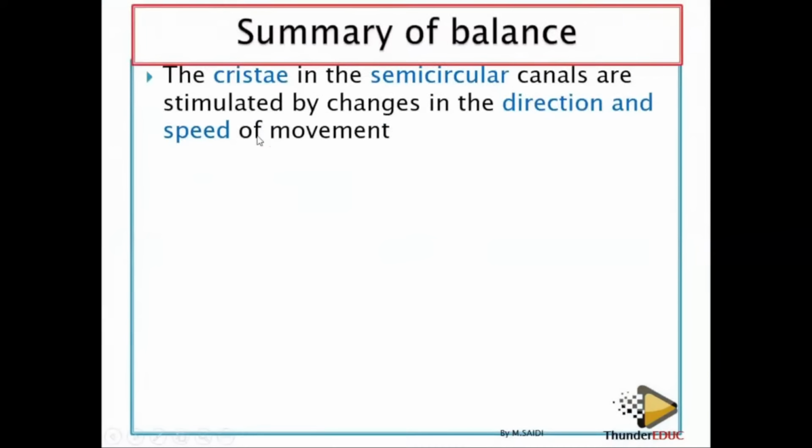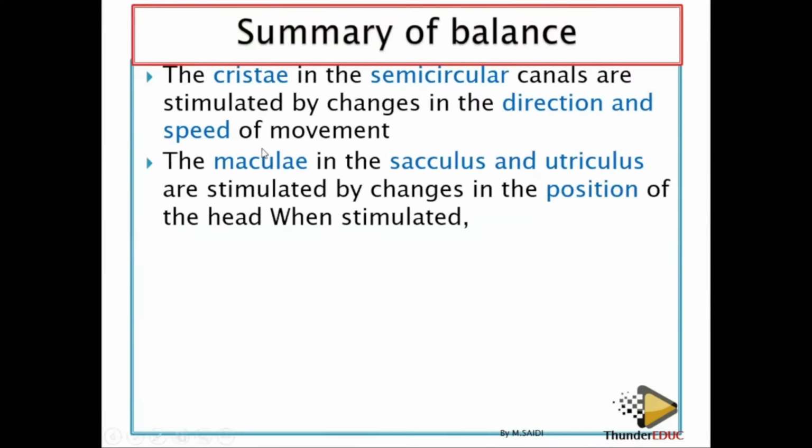So, summary of balance, that is what I've been trying to explain. The cristae in the semicircular canals are stimulated by change in the speed and direction of movement. The maculae in the sacculus and utriculus are stimulated by change in the position of the head.